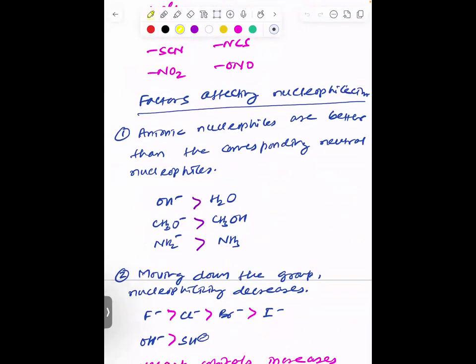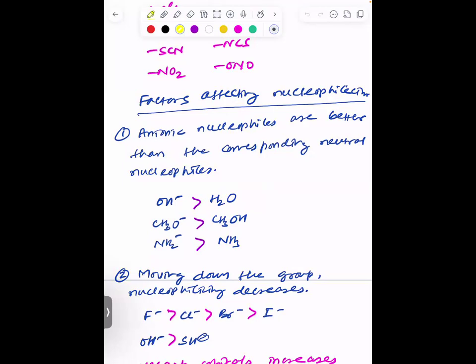Because the nucleophile has electron density. Nucleophile means nucleus loving, so it has a negative charge or negative charge center.